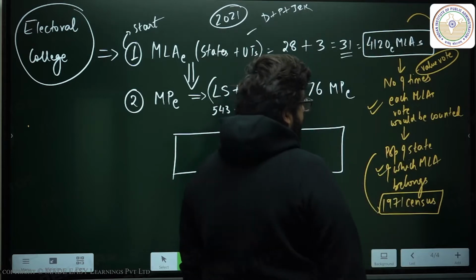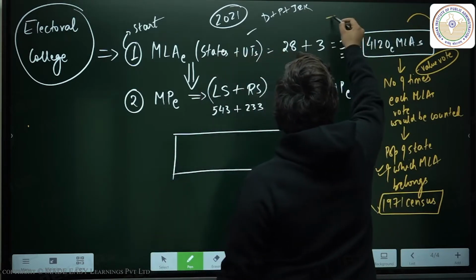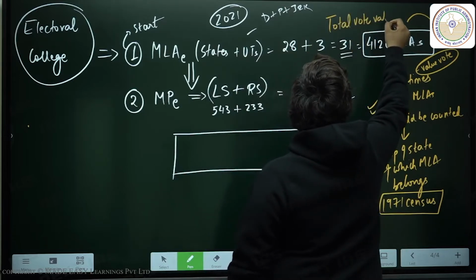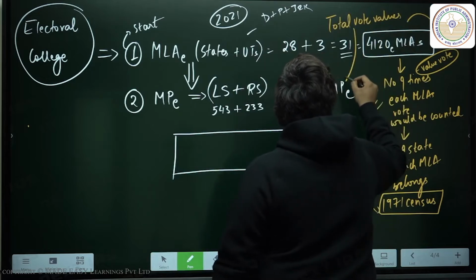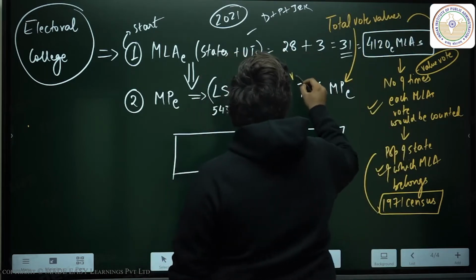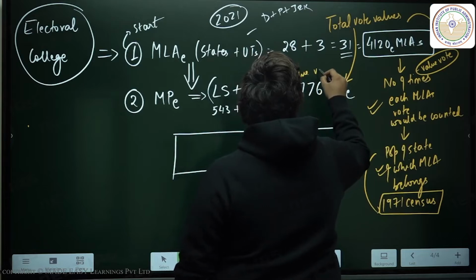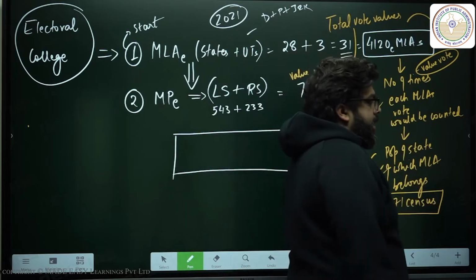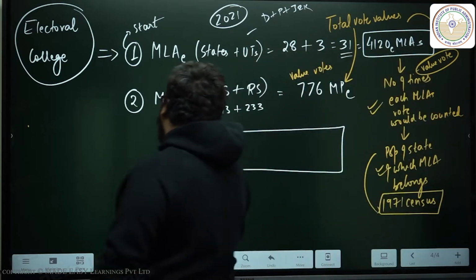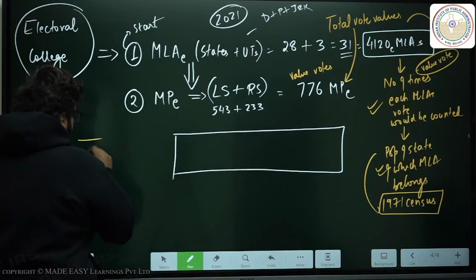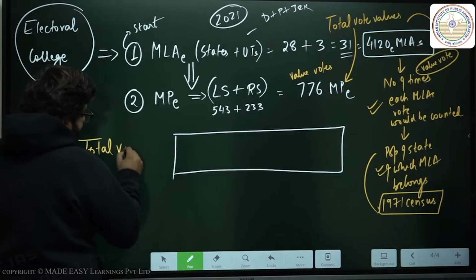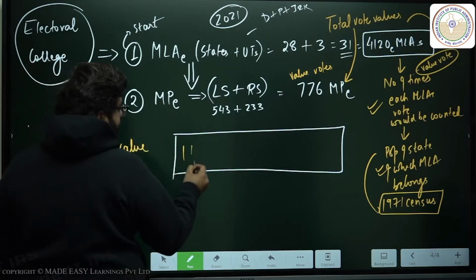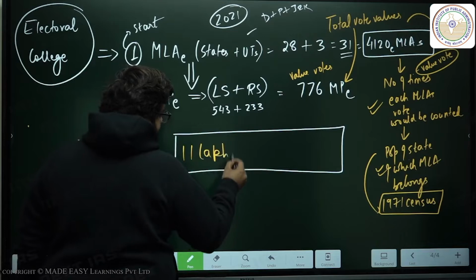This will give us the total vote value of all of our MLAs. We will use this to calculate how many times our MP votes are calculated, because we've already covered segregated populations across state, and this is going to give us total value votes. This, by the way, is going to be approximately 11 lakh.